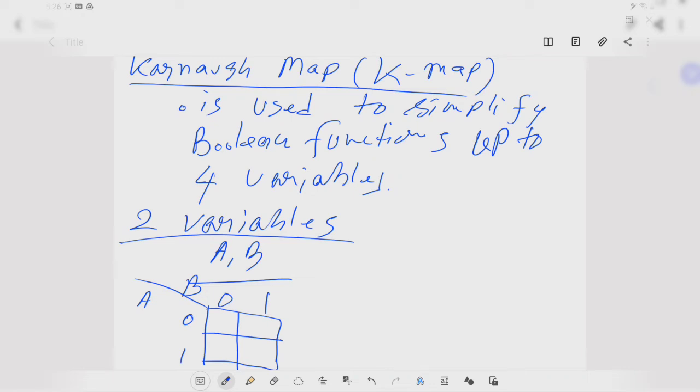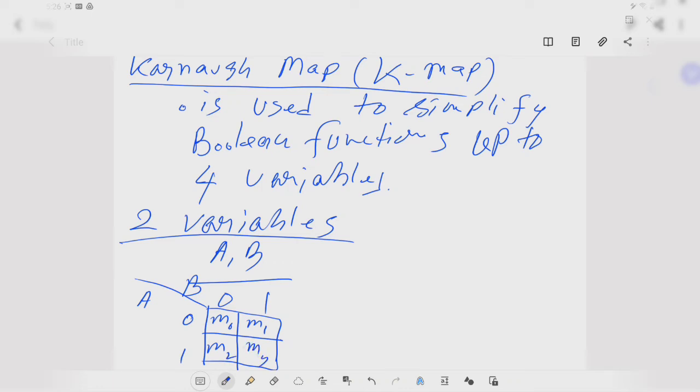Now, A prime B prime, when A is 0 and B is 0, is the minterm M0. Then A prime B is minterm 1. Then A B prime is minterm 2. A B is M3.